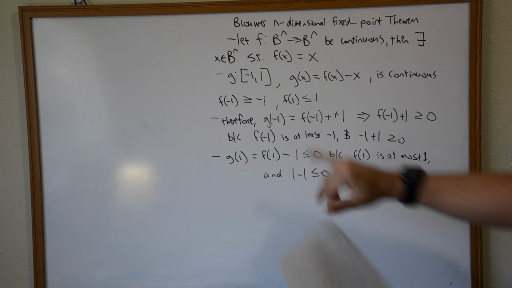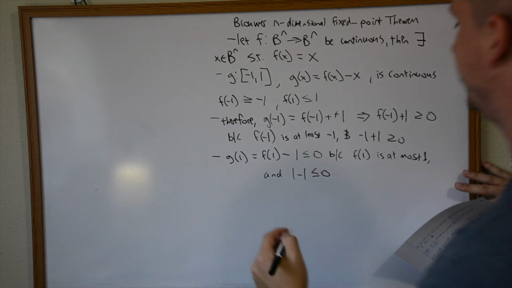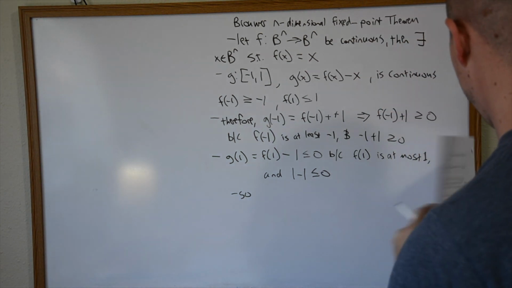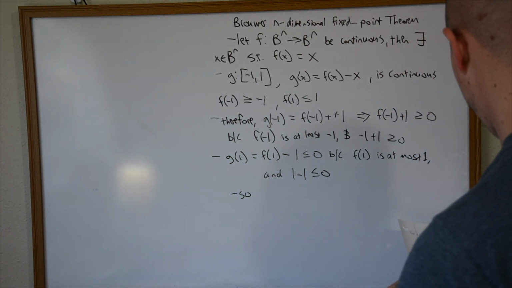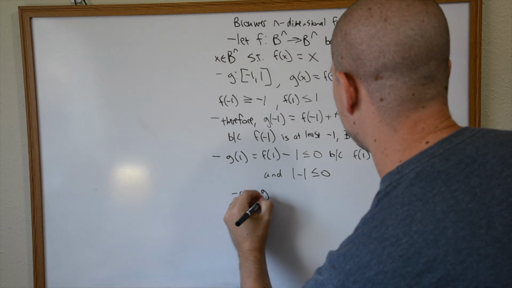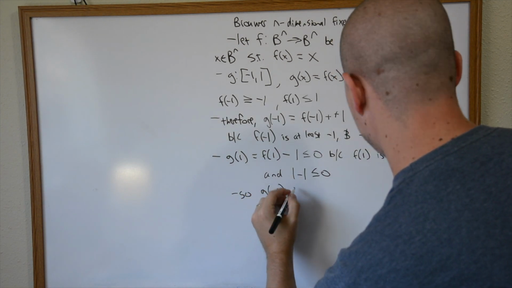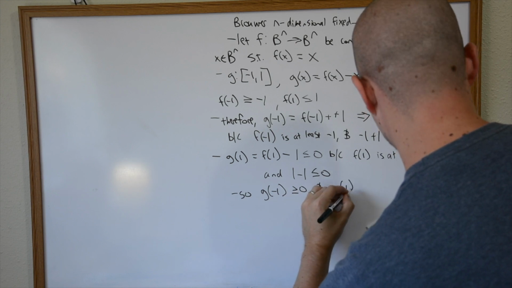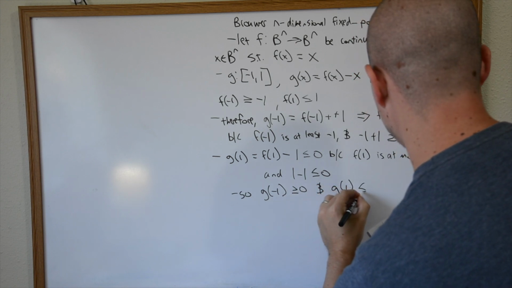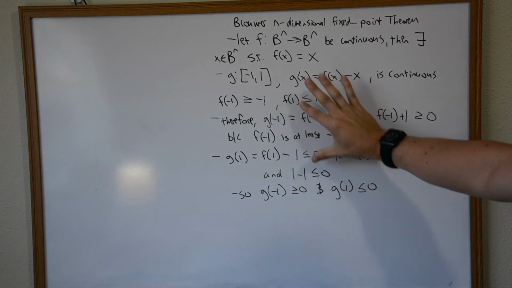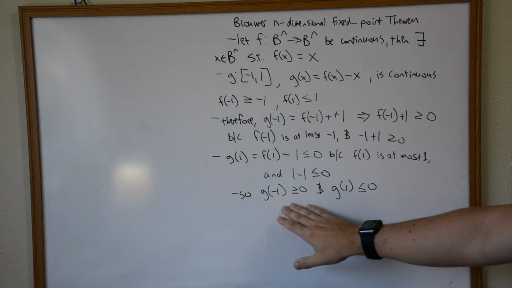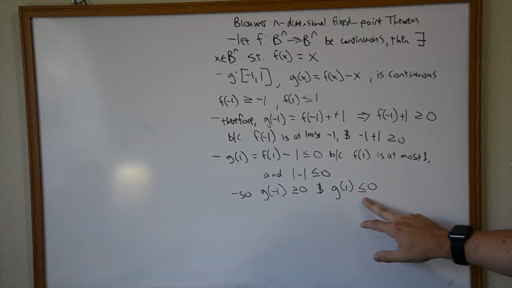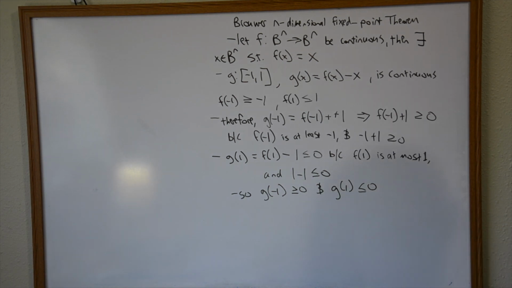I'm gonna boil these lines down because there's a lot of inequalities going on here. So I'm going to boil these two lines down to say that g of -1 must be at least 0, and g of 1 can only be at most 0.